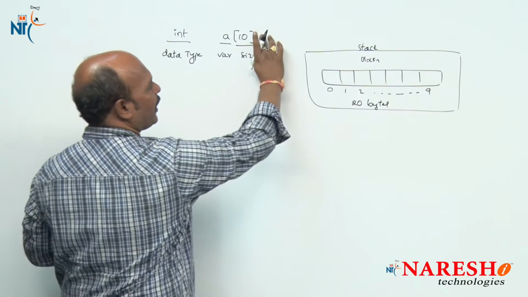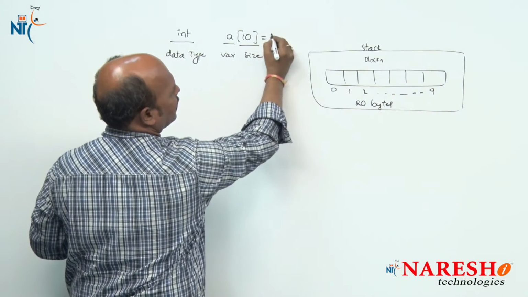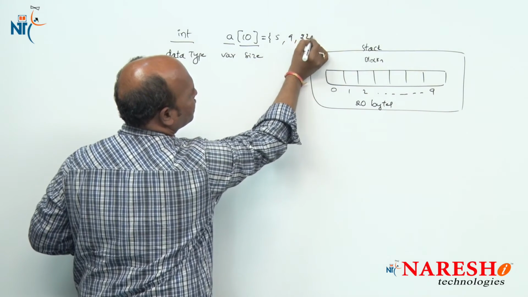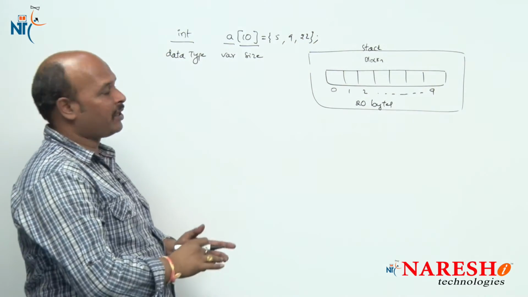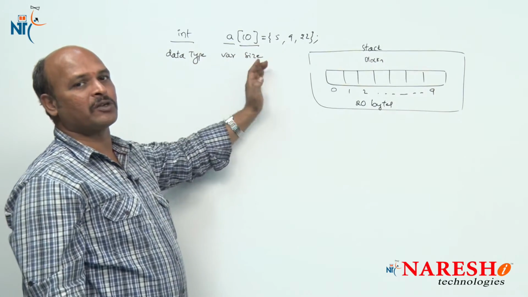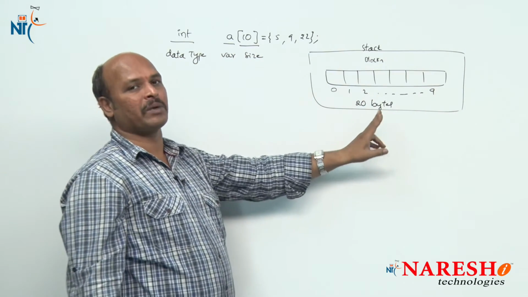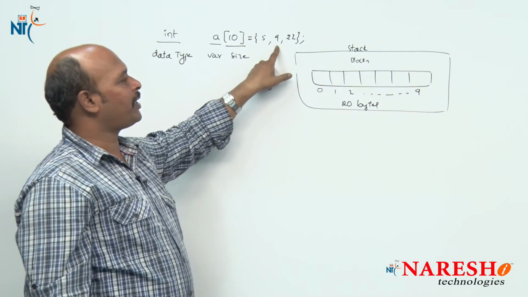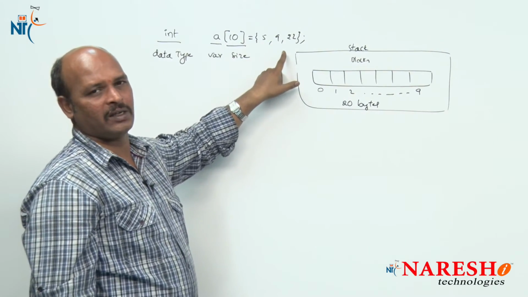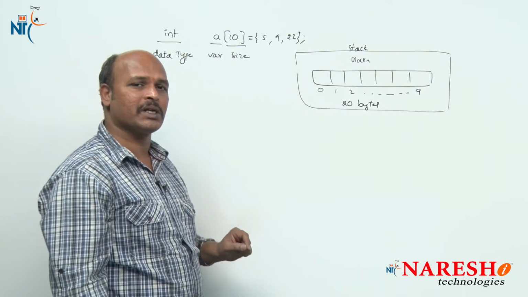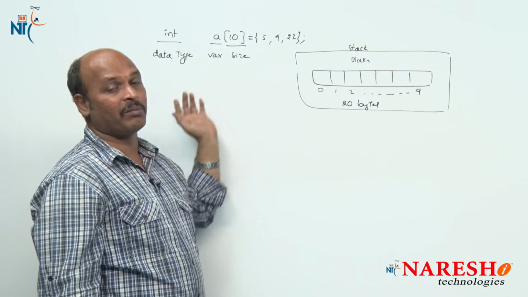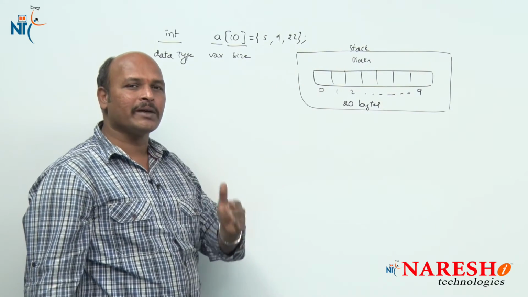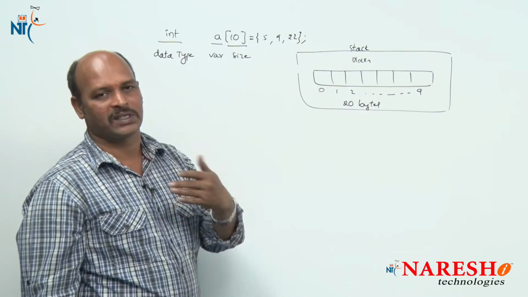But here I am going to enter values like 5, 9, 22. Watch this carefully. When the program is executed, 20 bytes, or 10 blocks, of memory are allocated. But here you are passing only 3 elements. 3 elements require 6 bytes because they are integers, but we have allocated 20 bytes. That means the remaining 14 bytes are getting wasted.